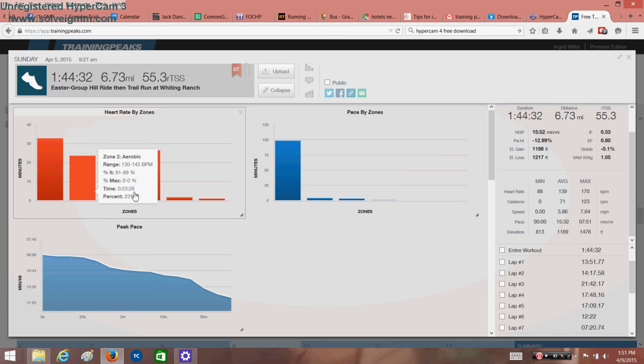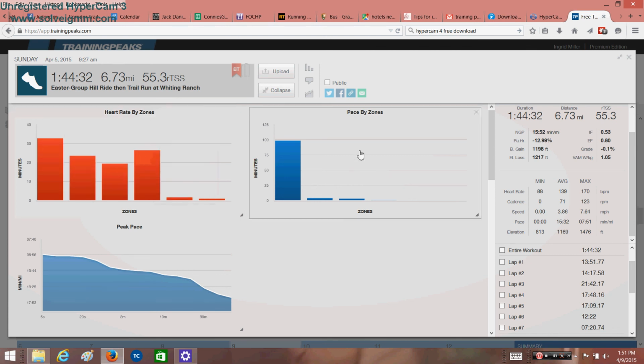So this is a run. How long did you spend in zone 1? Here it says 32 minutes and 38 seconds in zone 1. And it also says what the heart rate zone is, what the numbers are. Zone 2, zone 3, zone 4. Time in the various zones is going to be really important on the bike.